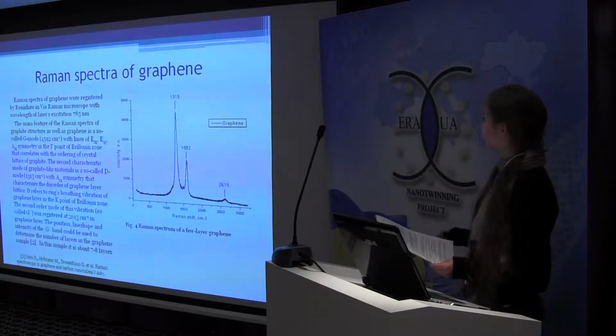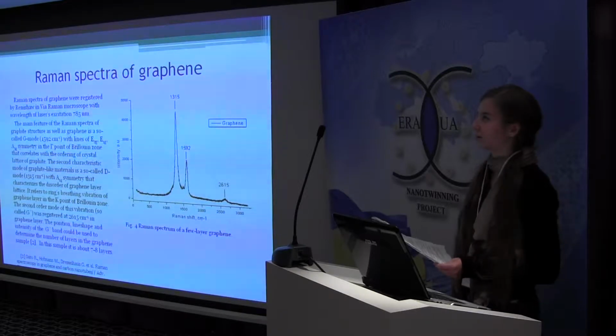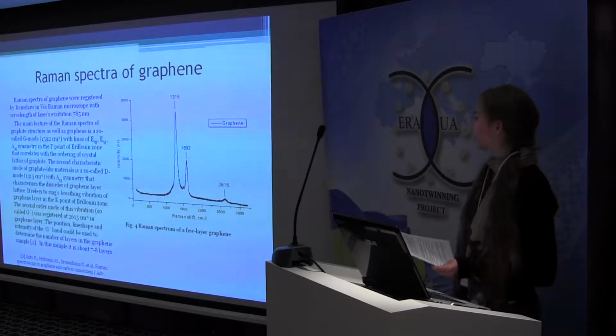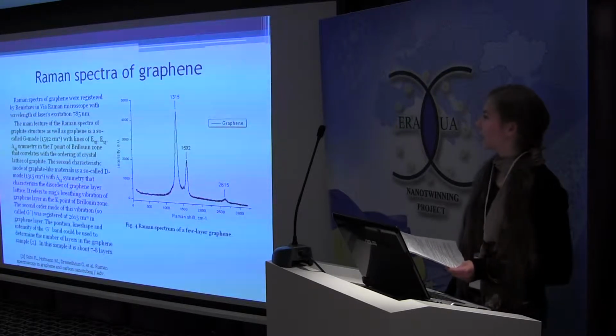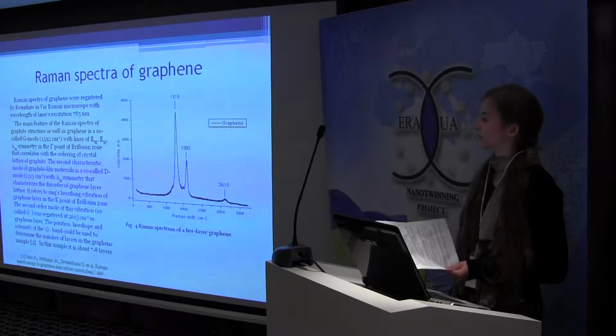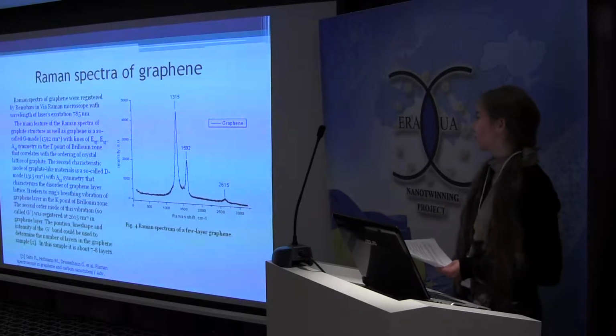The Raman spectrum of graphene was registered by Renishaw in the Raman microscope with a laser excitation wavelength of about 185 nanometers. You can see it on the right. The main feature of the Raman spectra of graphite structure as well as graphene is the so-called G mode, and now you can see it at 1592 centimeters minus 1.